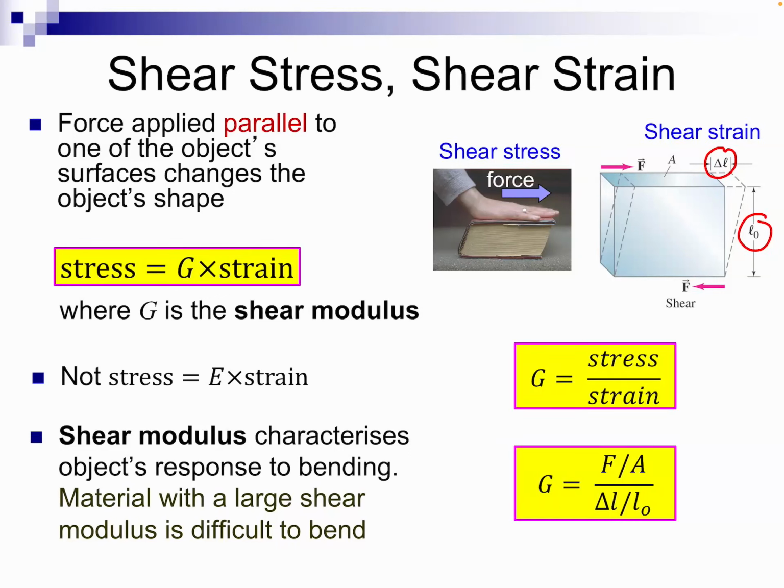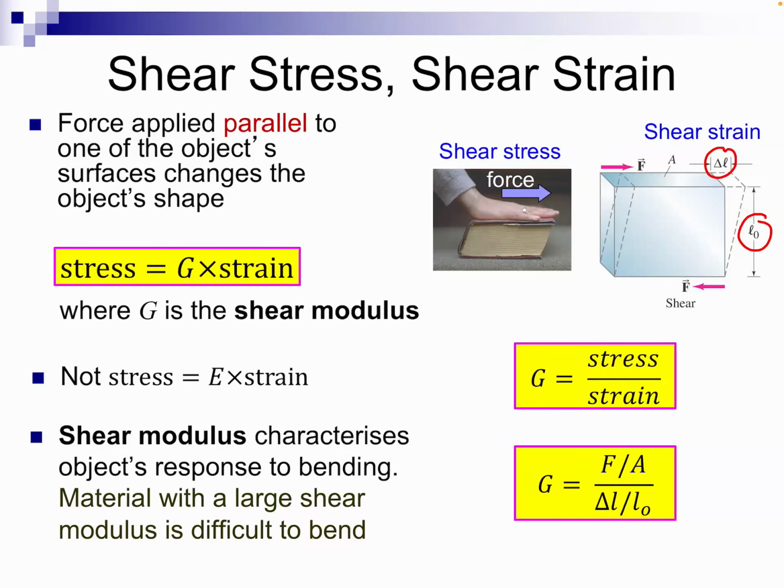If we apply the force or the stress uniformly throughout the volume of an object, for example, immersing an object in liquid, then water exerts force on all the sides or all surfaces of the object.